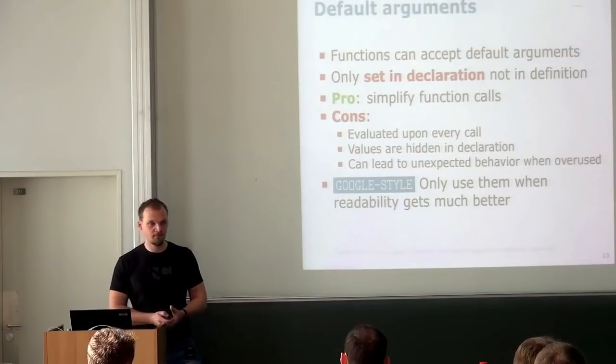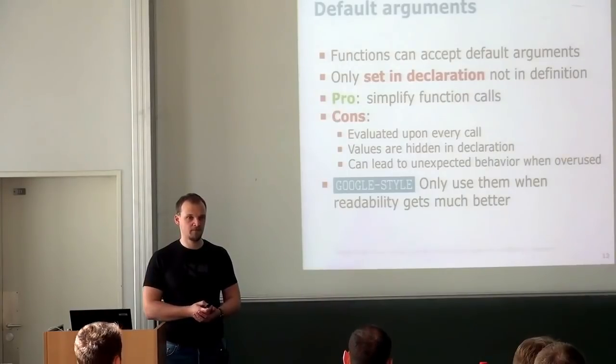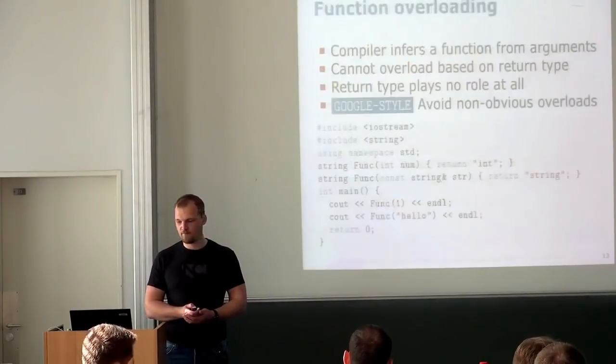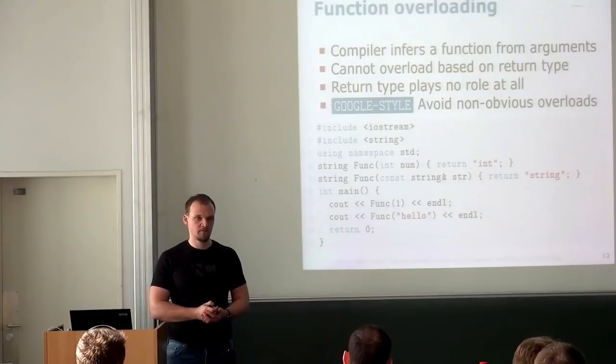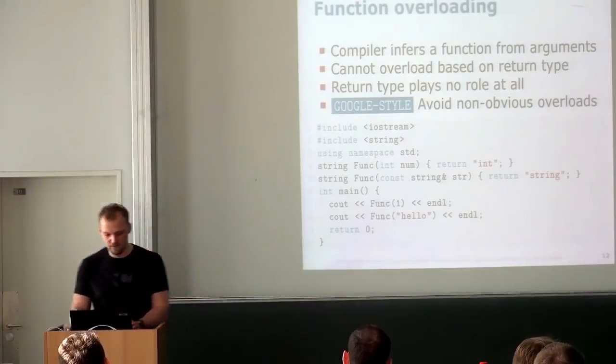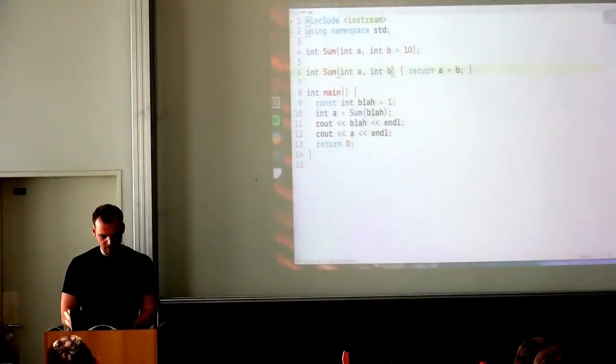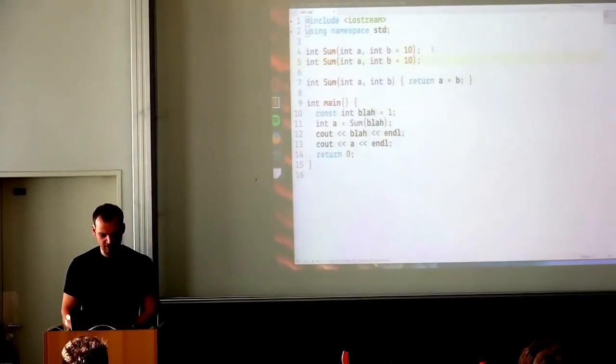Yeah? I have a question to the former topic. Can I overload the function with different numbers of parameters? Yes, you can. So let's say, I don't know, sum is a bad name, but I think we'll have to just deal with it. Actually, it's a good name.